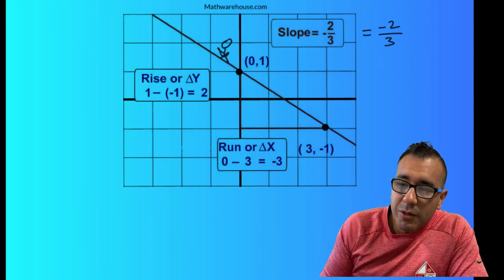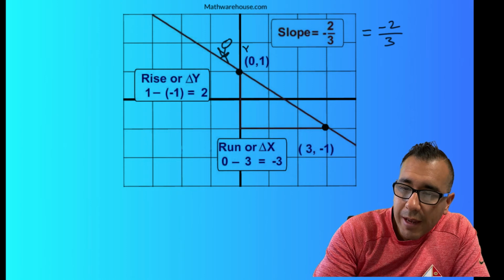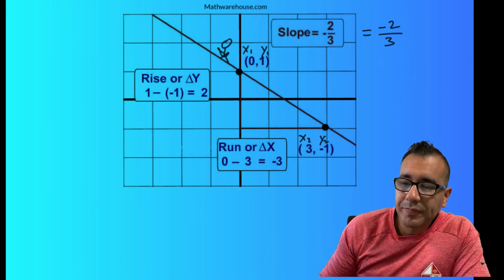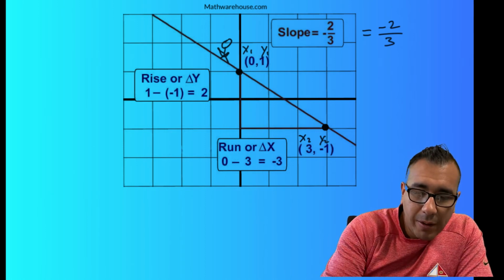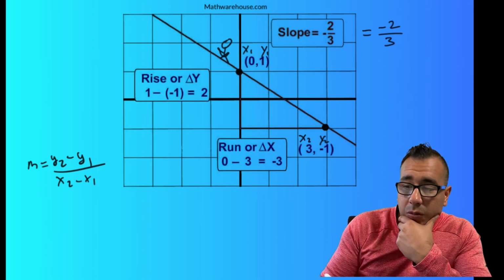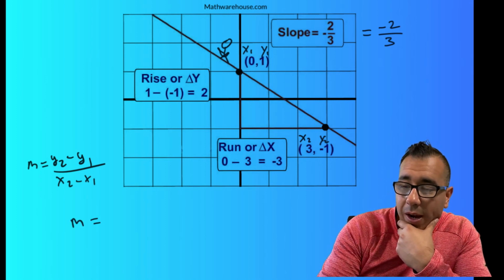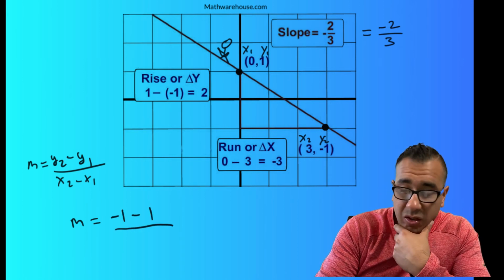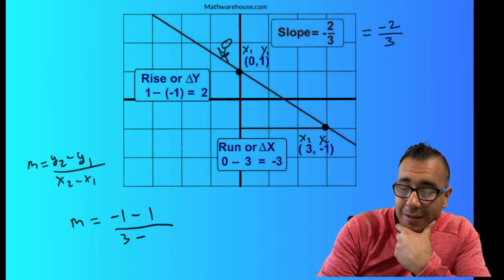So let's plug these numbers in. All right, so I'm going to call this x1, y1. I'm going to call this x2, y2. All right, so let's write down my formula, because again, we stopped writing it once you memorized it. So m equals y2, which is negative 1, minus y1, divided by x2, which is 3, minus 0.